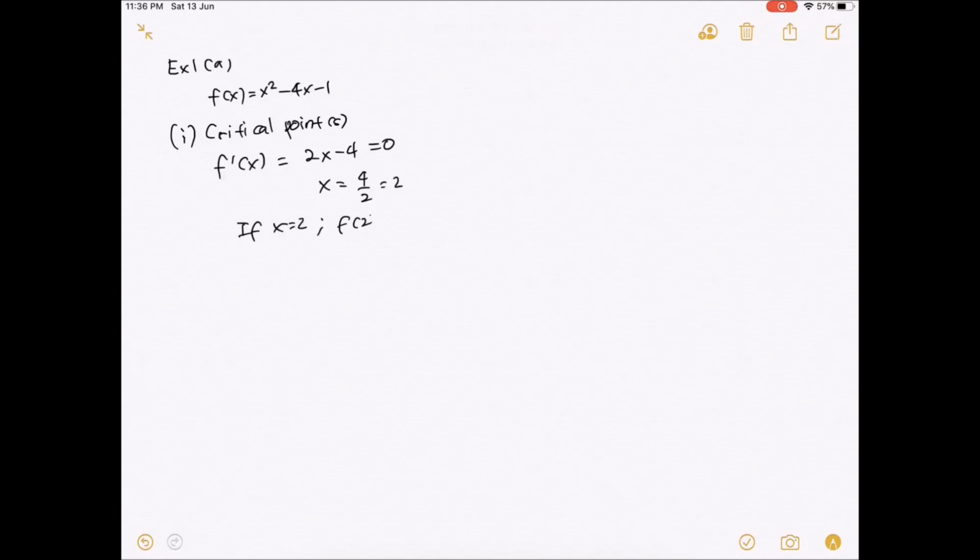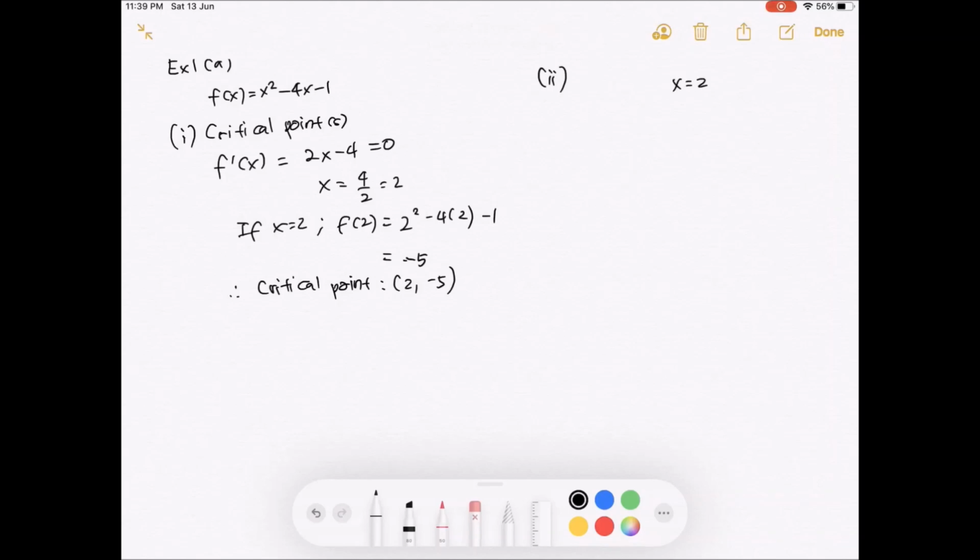So if x equals 2, then f(2) will be negative 5. So your critical point is (2, negative 5). x equals 2 is here.